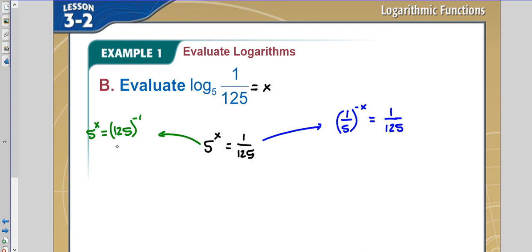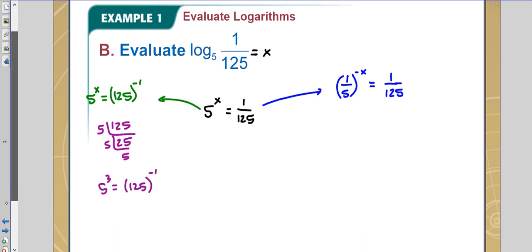That's the way I think is going to be easier. If I wanted to solve, I would divide by 5 because that's my base. 5 goes into 125 25 times, I would divide it again, and I would get 5 and 5 here. That means 5 to the 3rd equals 125, but it has the power of negative 1.